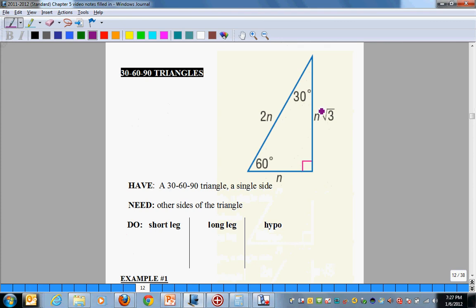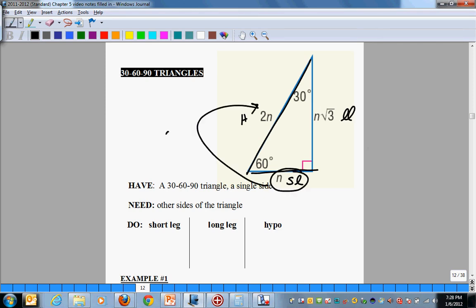Let's show this here. In any 30, 60, 90 triangle, we're going to label. Here's your hypo, put an H. Across from the 30 degrees is going to be our short leg, and across from the 60 is going to be our long leg. And the pattern is this. Whatever the short leg is, to get the hypo, we times by 2.